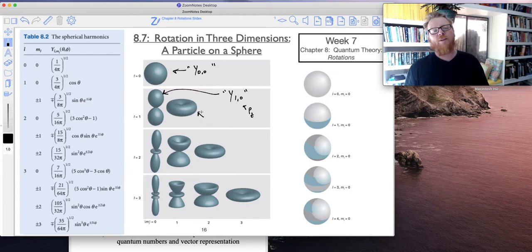So now what's going on with this donut-looking shape? So this one is the y1 plus or minus 1. So remember, I talked about those ML states, they're doubly degenerate, okay? So why does it look like a donut? Well, now what I want you to imagine, take this p orbital, okay?